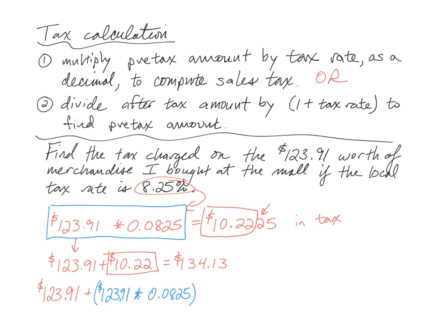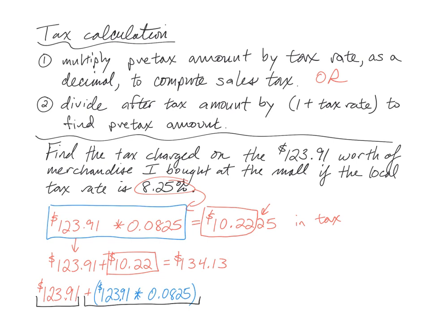What I want here is to take one more step. And this is where it gets weird, because students lose sight of what a term is and what factors are. You'll notice in this expression that I have now, I have two terms. Here's one term, here is another term. Each of these two terms has the value $123.91 in common.